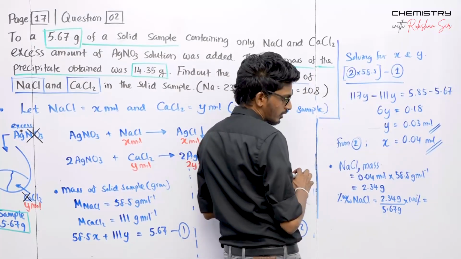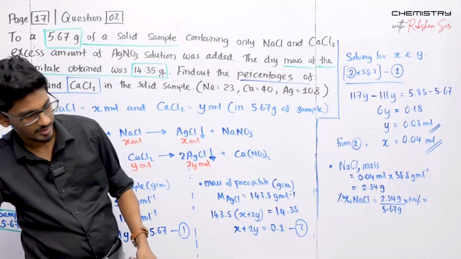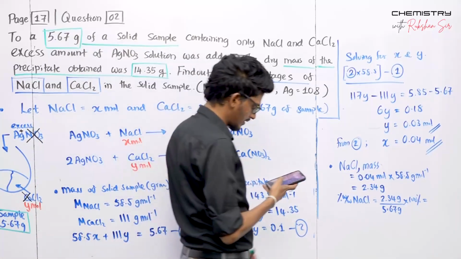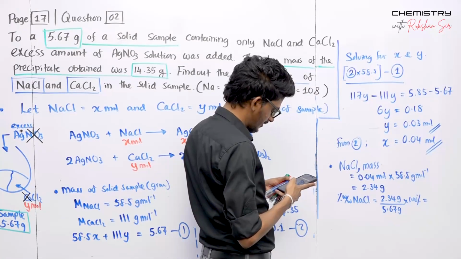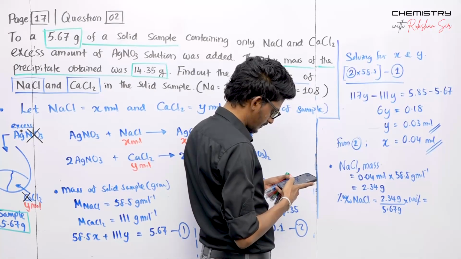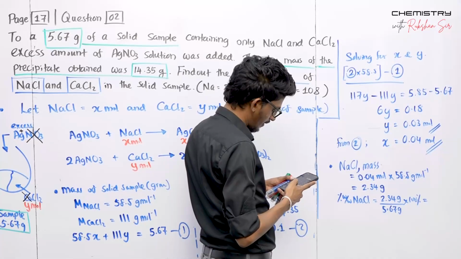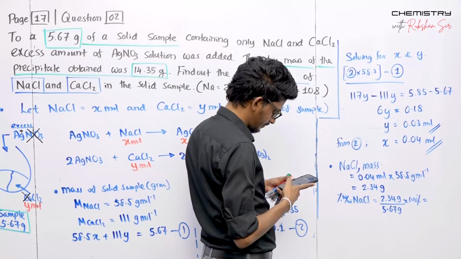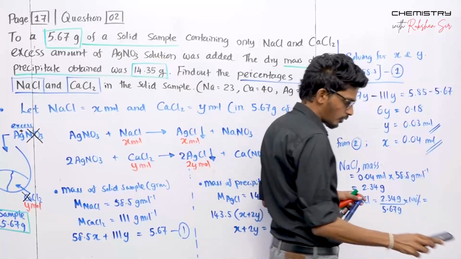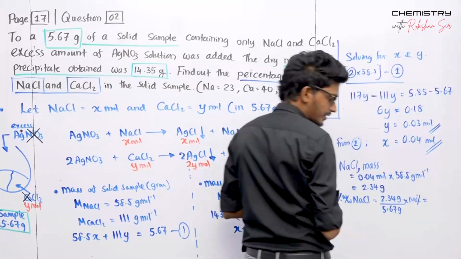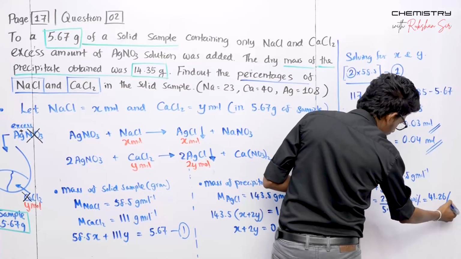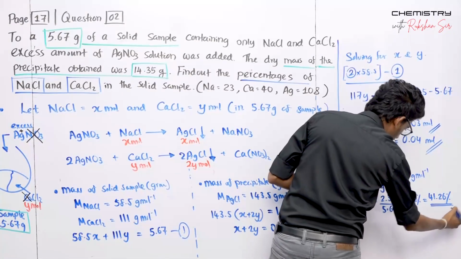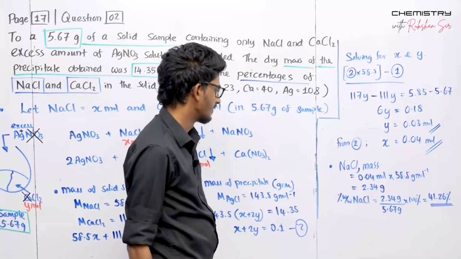So let's simplify this now. 2.34 divided by 5.67 is 41.26. So this is the percentage of NaCl.